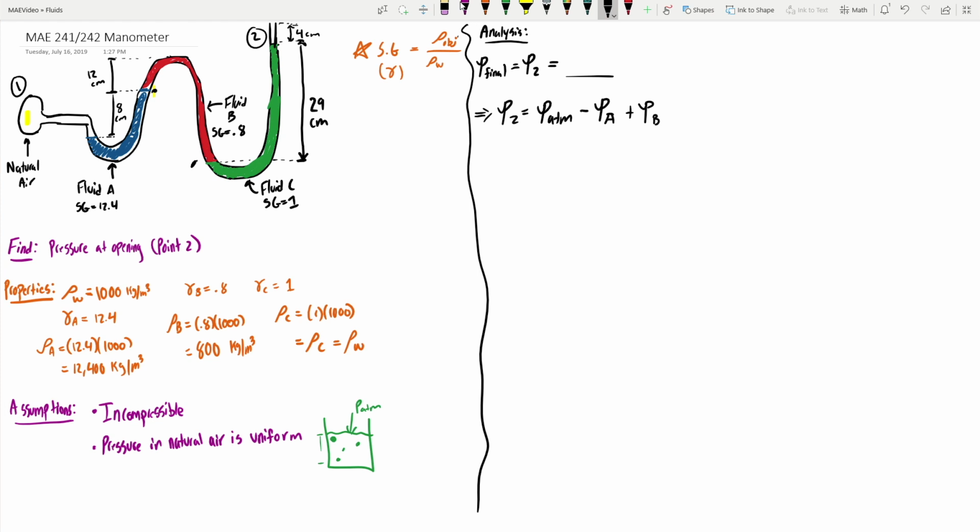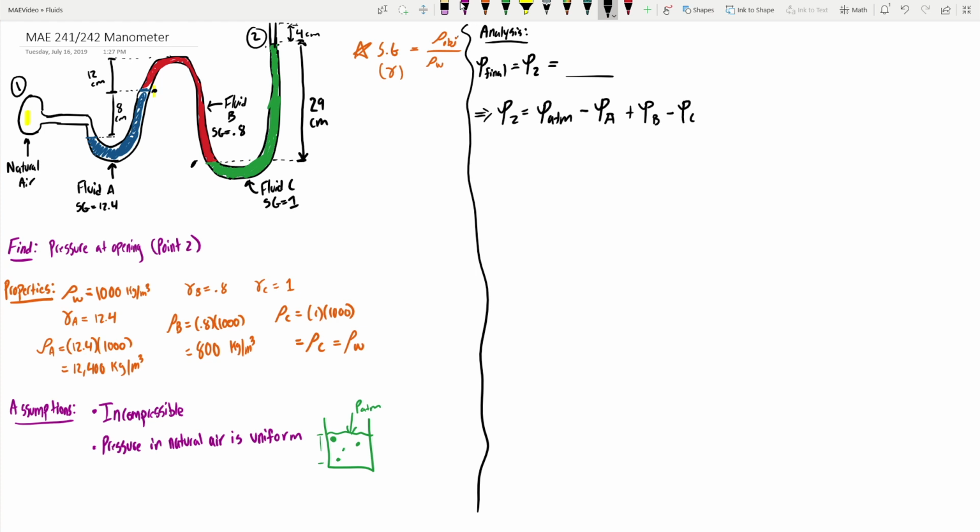And then from here, we've encountered fluid C. And fluid C goes from this location all the way up to point 2 here. So that's a positive height change, which means the pressure is going to be negative, so minus PC.